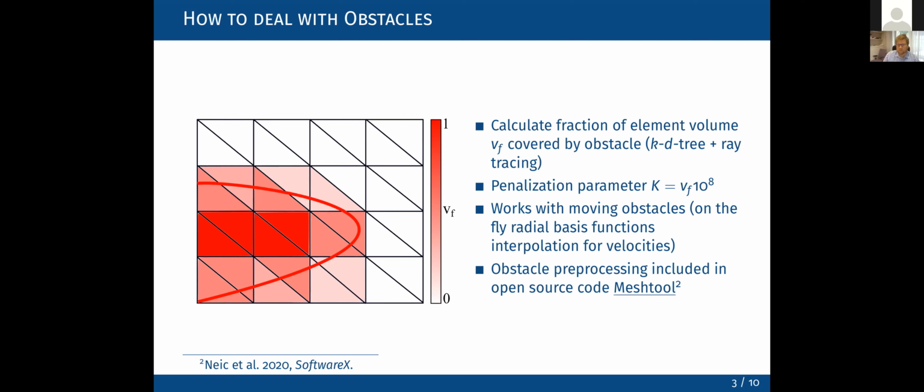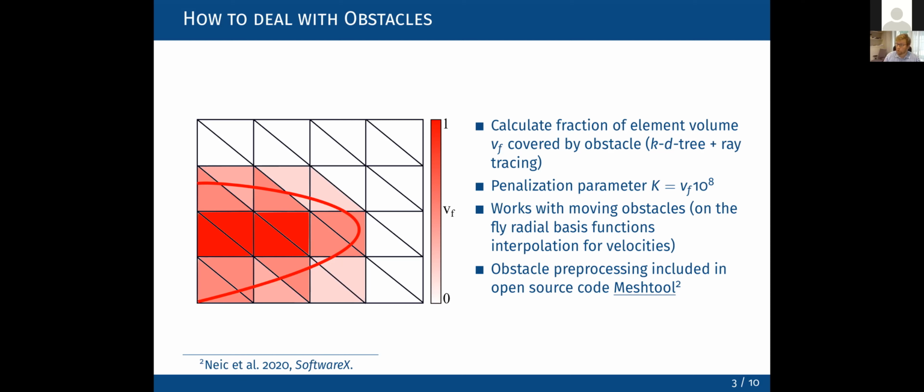What we do is, if you immerse now, for example, if you think of a surface here on the left, this picture, by using KD trees and some techniques from ray tracing, we basically just calculate the fractional value of volume that is inside of the obstacle. So by that, we can calculate this volume fraction value VF, and then we can define this penalization parameter by just multiplying by a big number. This turns out to work quite nicely, and it works with moving objects as well as non-moving objects.